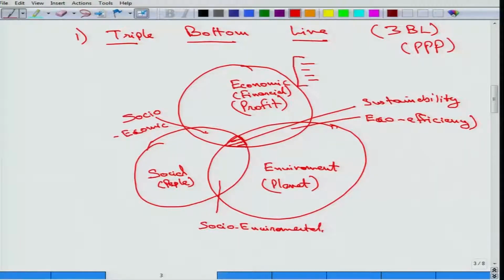This is all related to the economic concerns, that is financial concerns, the growth of the company, or maybe the growth of the nation. Then social aspects include diversity, human rights, indigenous communities, labor relations, all that.